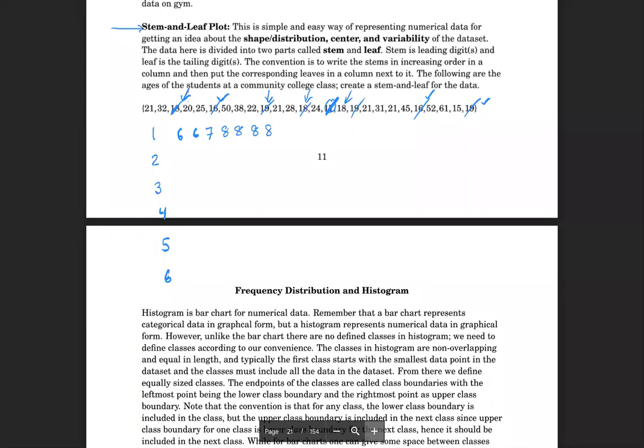And then 19s. How many 19s are there? Let's see. 1 19, 2 19s, 3 19s. So I think I made a slight mistake. So 3 18s, I think, and I counted 19 as 18. So 3 19s. So 1, 2, 3.